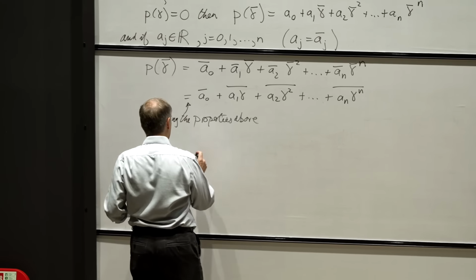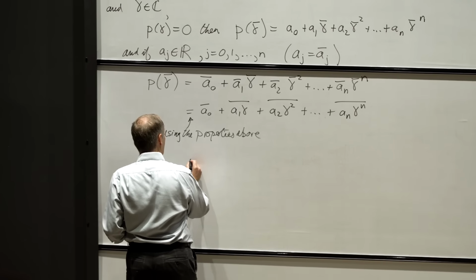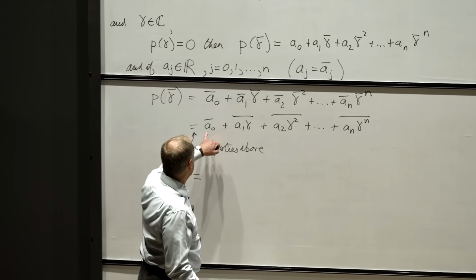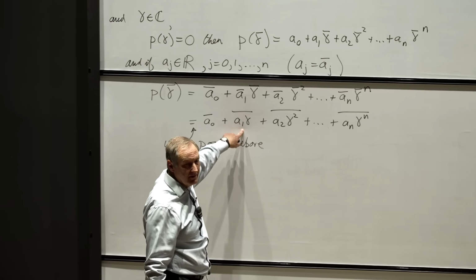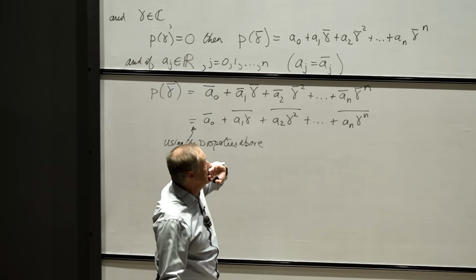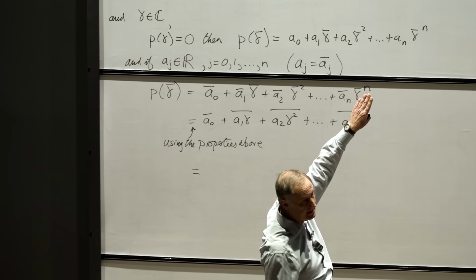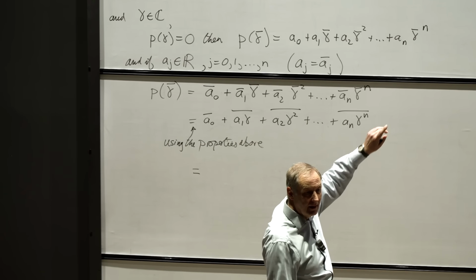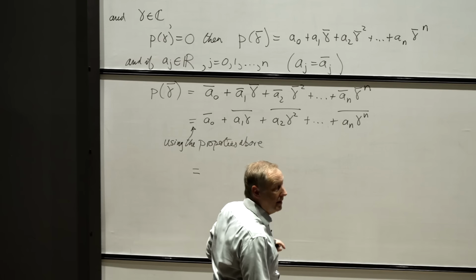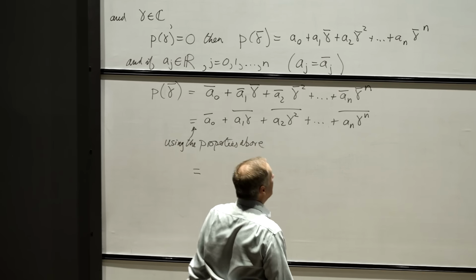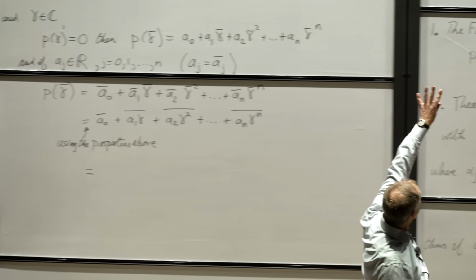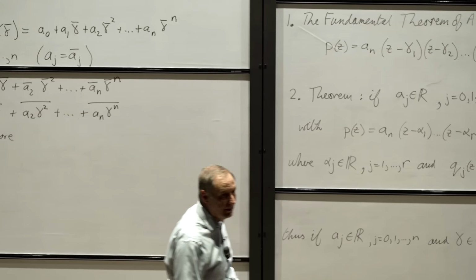And this is equal to, well, hang on a second, this is the conjugate of a complex number plus the conjugate of a complex number, and that is the conjugate of the sum. The top result on the board up there, Z plus W bar is Z bar plus W bar.